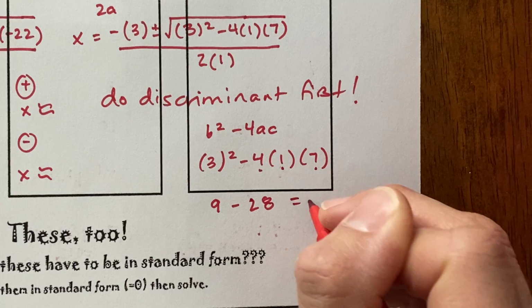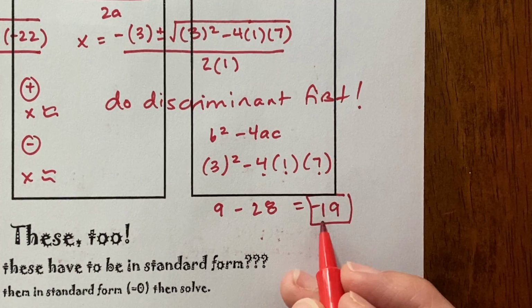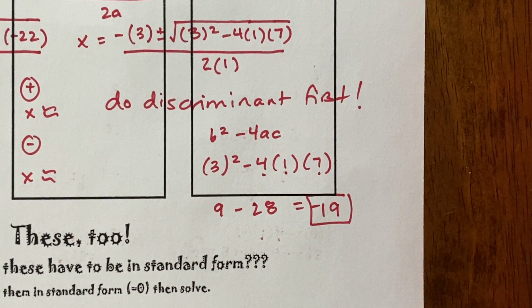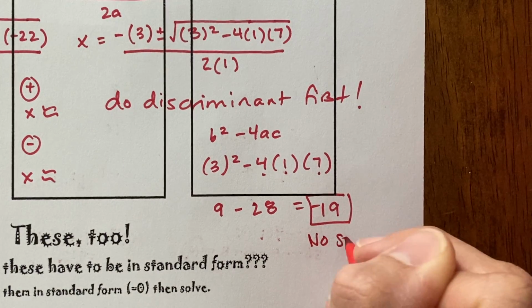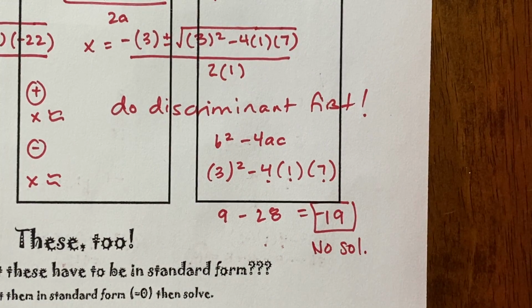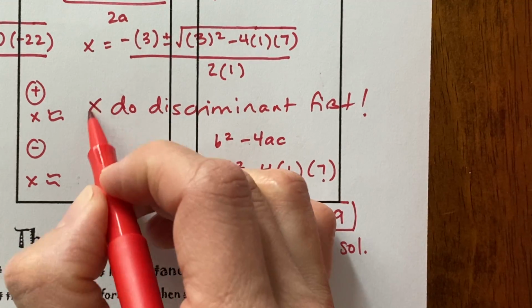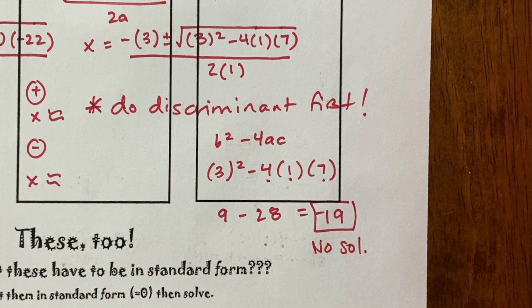It's going to give me negative 19. So if I see that, I'm like, oh, that's negative. Well, that's going to be a no solution. So then guess what? I wouldn't have had to do this part and put it in the calculator. So this is why I think it's important to do the discriminant first. Like I said, it can save you some time.